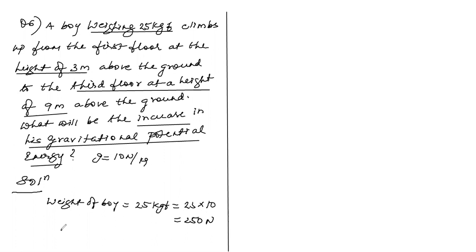Therefore, the weight of the boy is given by the formula mg, and mg equals 250 Newton. Now, what is h1? 3 meters. He climbs to h2, which is 9 meters.